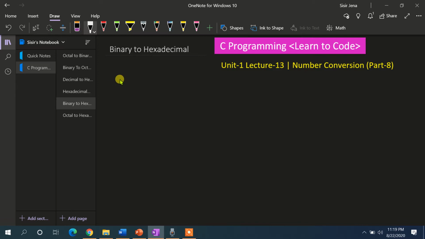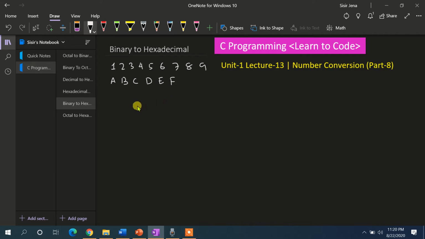We know that hexadecimal numbers are represented using 16 digits: 1, 2, 3, 4, 5, 6, 7, 8, 9, then 10 becomes A, 11 becomes B, 12 becomes C, 13 becomes D, 14 becomes E, and 15 becomes F. So these are the 16 digits we use to represent any hexadecimal number.